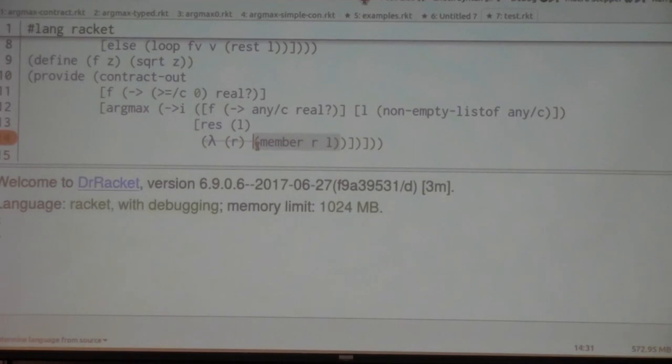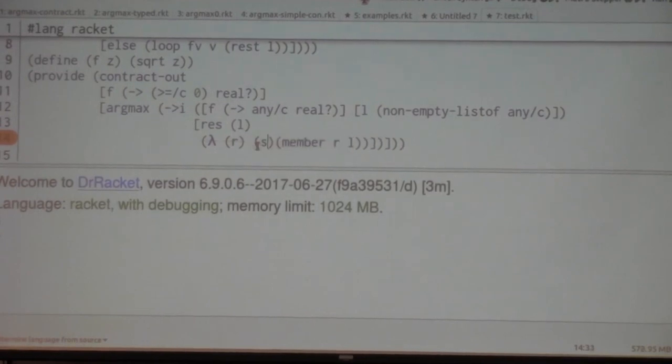More questions? Yeah? What kind of runtime overhead does this contract need? So arbitrarily slowly. That's on the one hand funny, but on the other hand it's sort of obvious. This is just an arbitrary program.